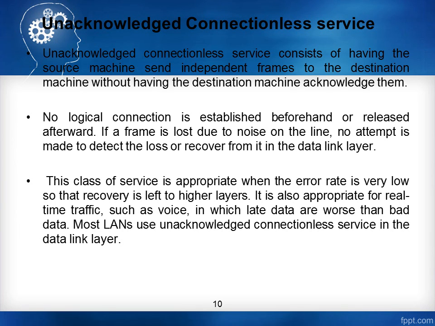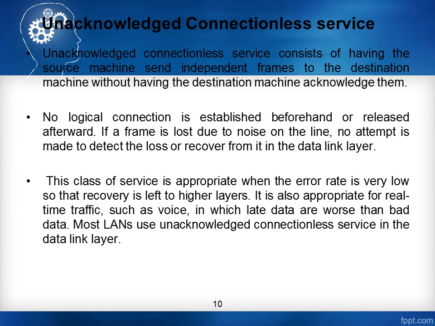Unacknowledged connectionless service consists of the source machine, which sends independent frames to the destination machine without the destination machine acknowledging them. We are not going to establish any logical connection before or release it afterwards.